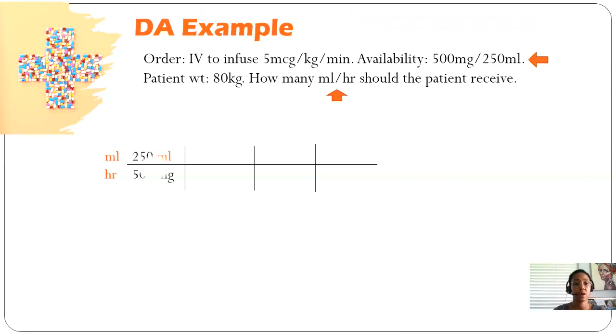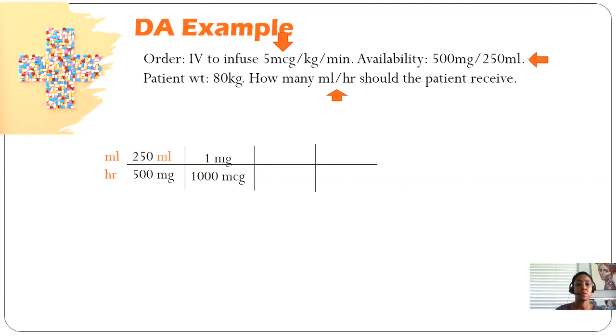So let's put that on top. We know our mLs match. And after that, every subsequent unit is going to match from top to bottom or bottom to top. And next is our doctor's order. So as you can see, the units do not match. The doctor ordered in mics and our availability is in milligrams. So we need a conversion factor. So the conversion from milligrams to mics is 1 milligram is 1,000 mics.